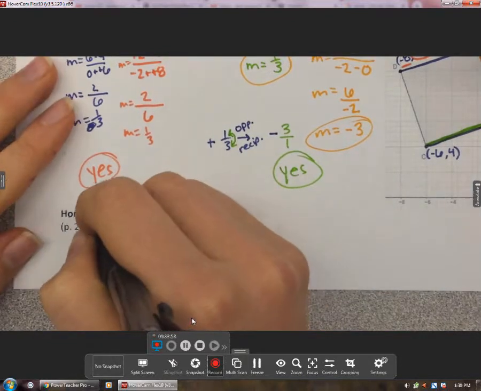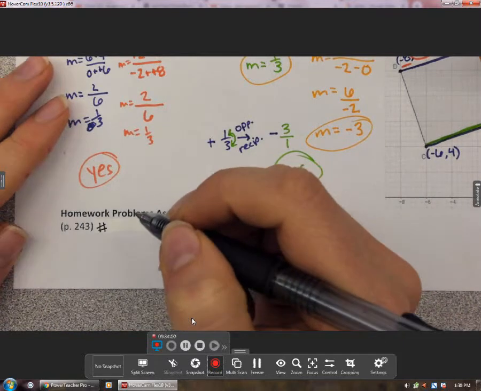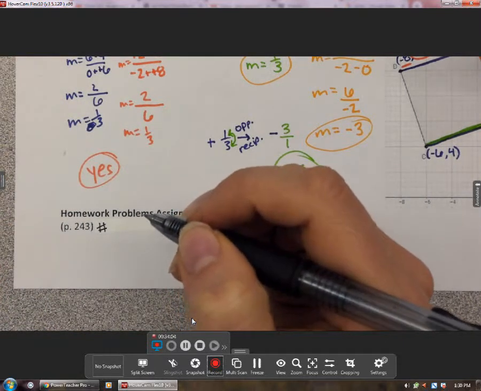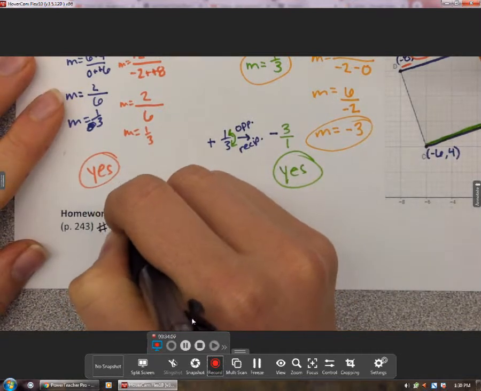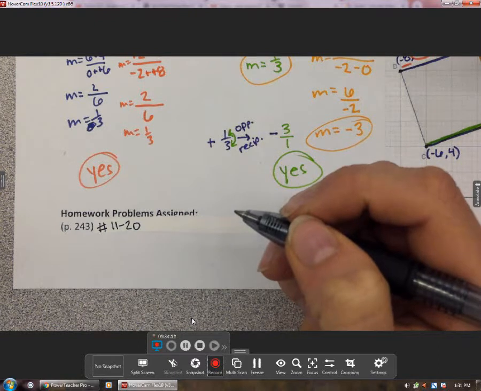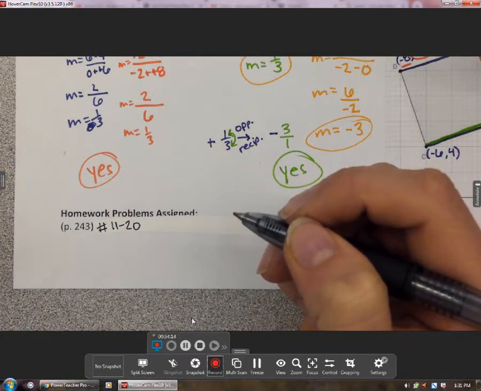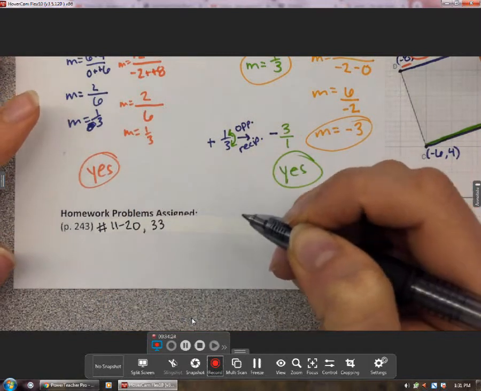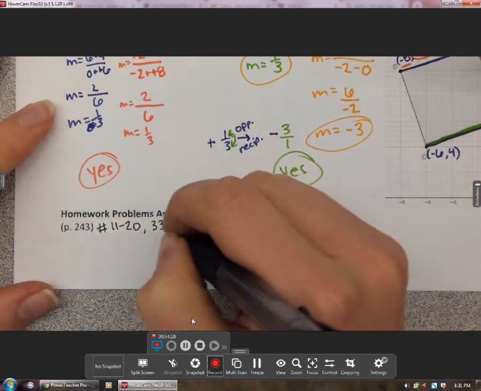243, we're doing numbers 11 to 20. 33 to 35.